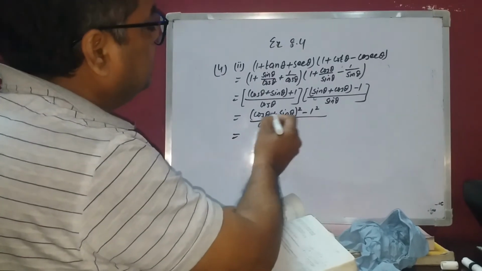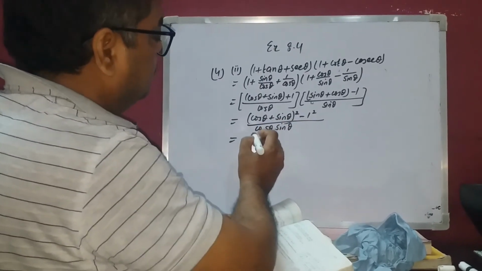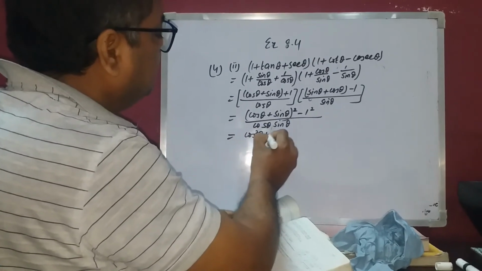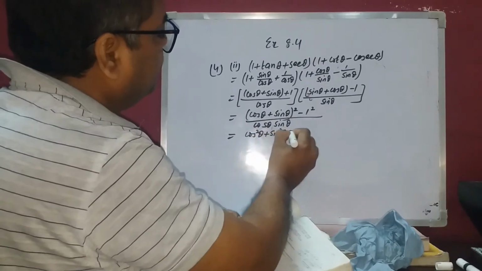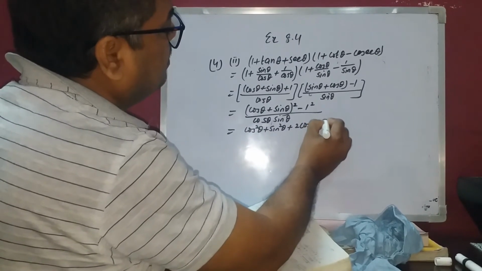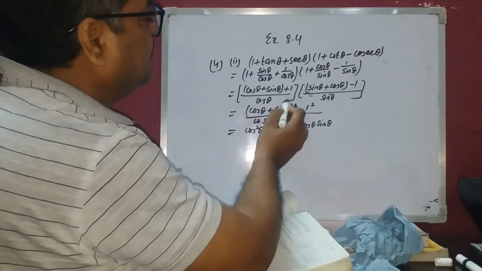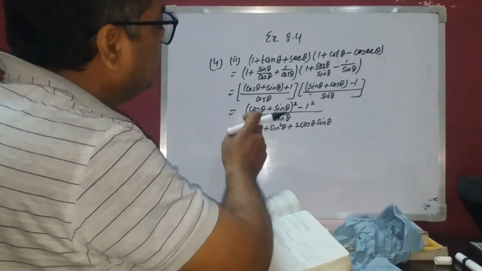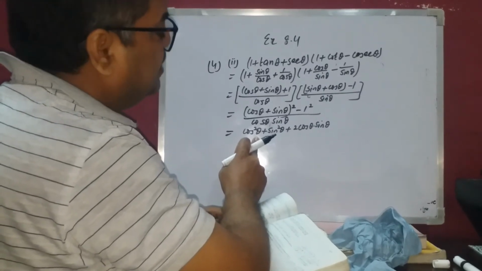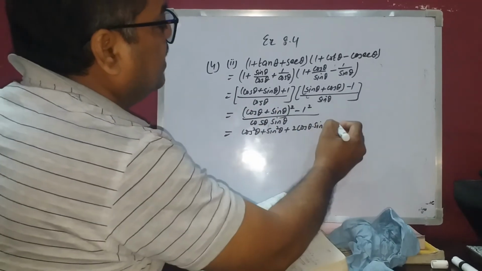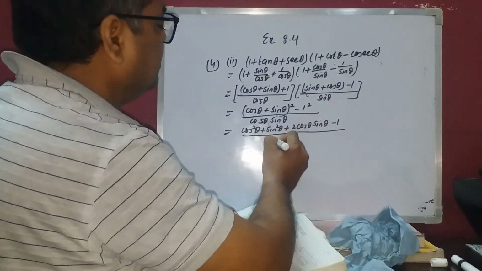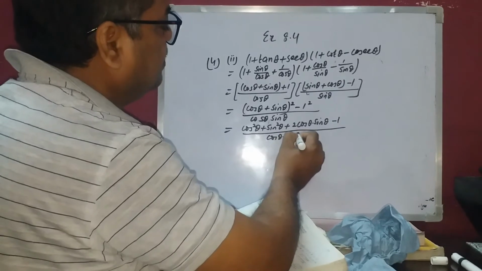Now open this bracket: cos square theta plus sine square theta plus 2 cos theta sine theta. Here I have opened (A plus B) the whole square on the basis of the identity, and this is 1, over cos theta into sine theta.